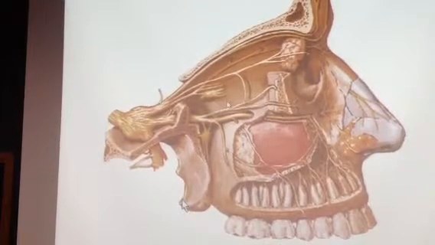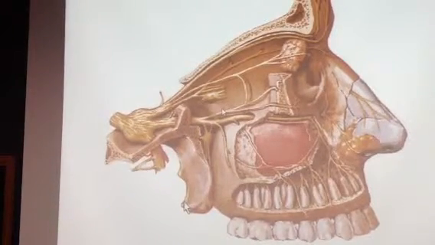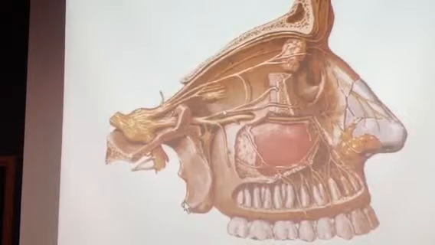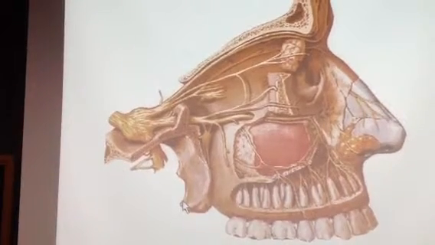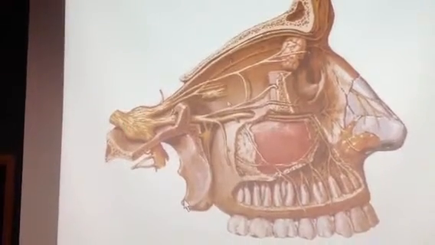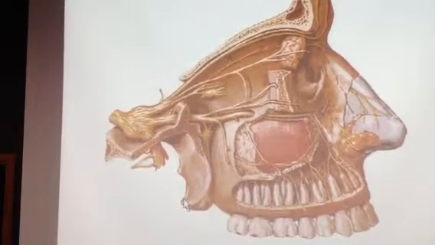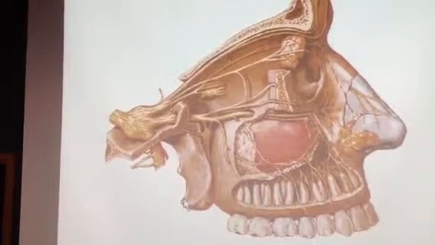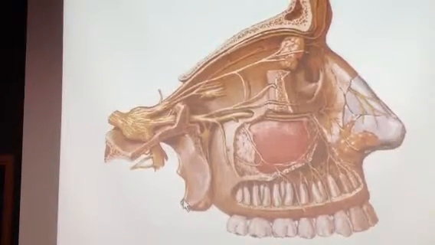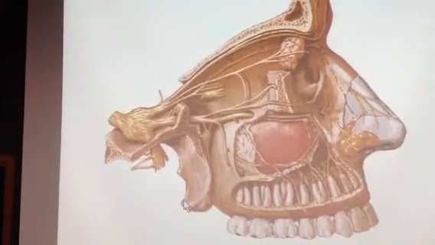What happens if we have a lesion on the zygomatic nerve? Let's say I were to lesion at the infraorbital fissure, what am I going to get? Infraorbital nerve, and I'm getting zygomatic nerve.